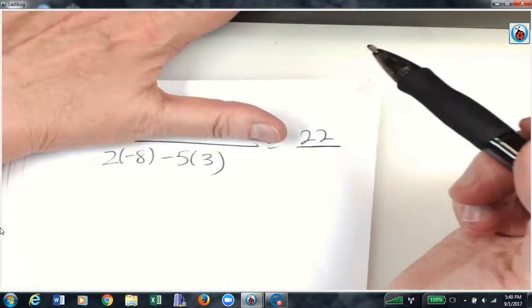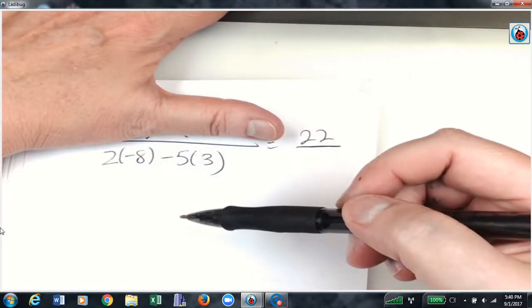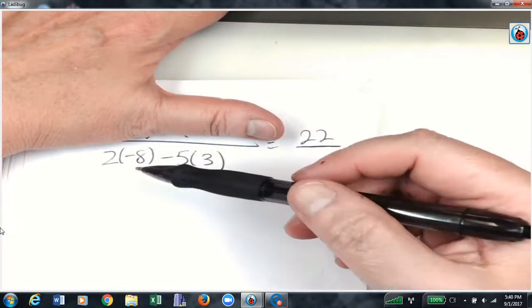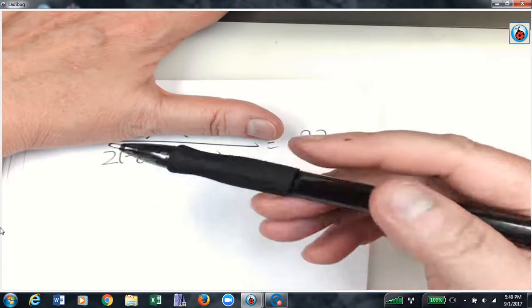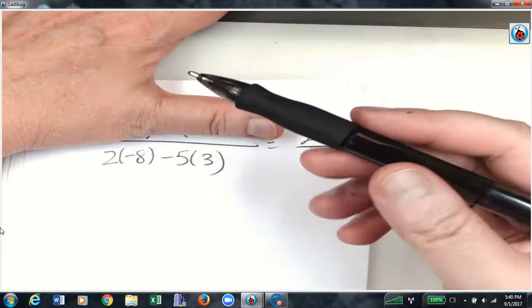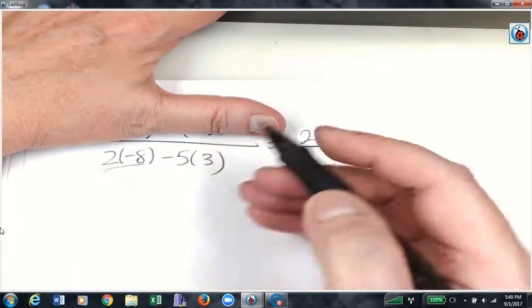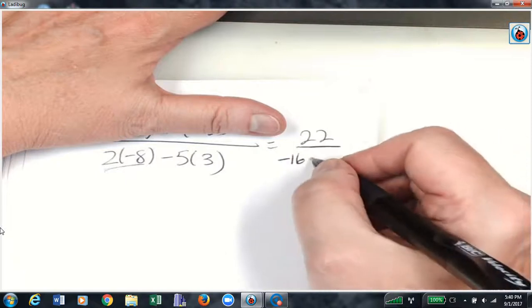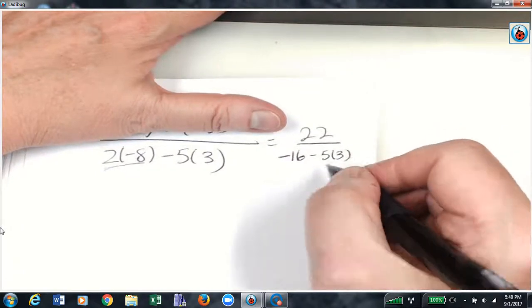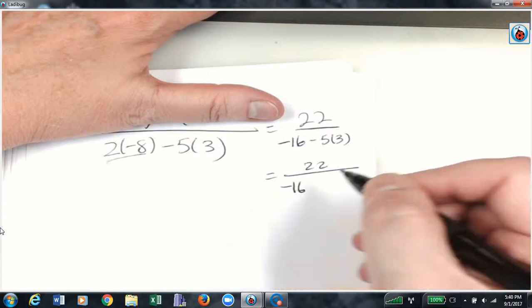So in the denominator, I don't have any powers, and I don't have any roots. And so I do any multiplications first from left to right. So I do that multiplication first. So that's negative 16, then minus 5 times 3. And so this is coming along for the ride.